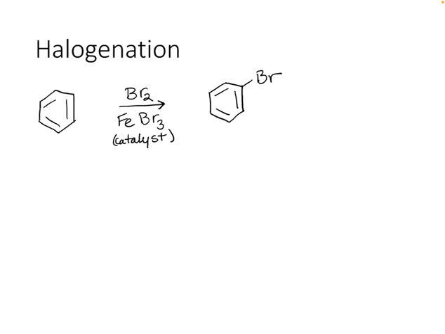Now, just a note about iron tribromide. Iron tribromide is formed by reacting 3 bromine molecules with 2 iron atoms, and that will give us 2 iron tribromide catalyst molecules.